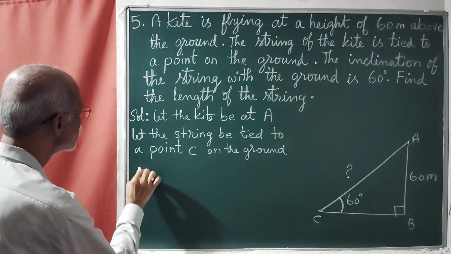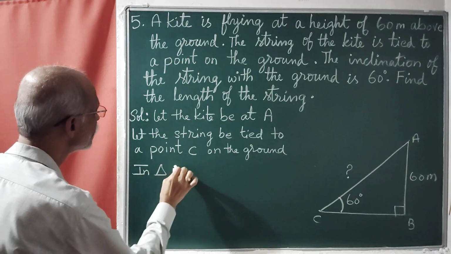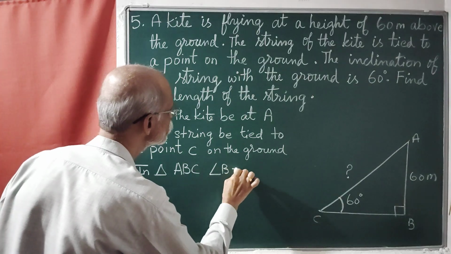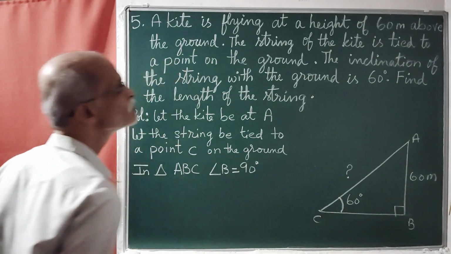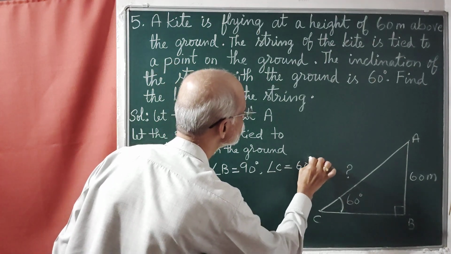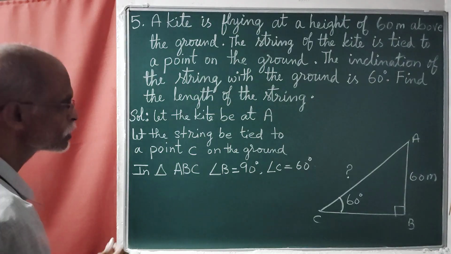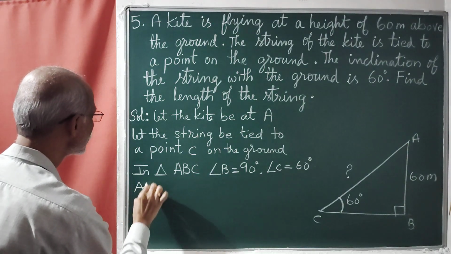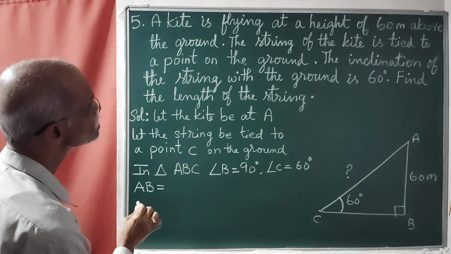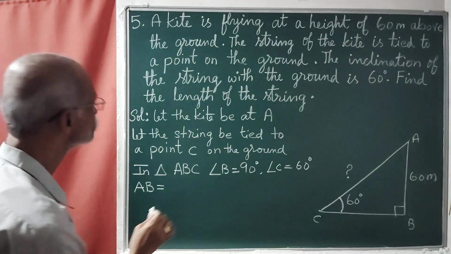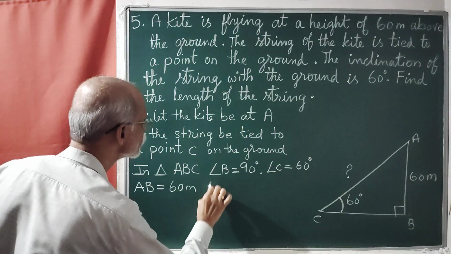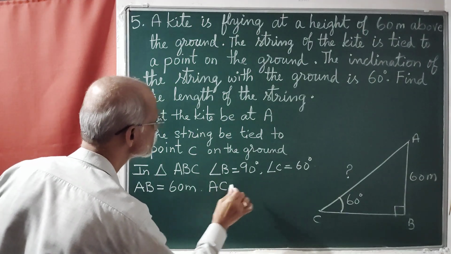Now in triangle ABC, angle B is equal to 90 degrees. Angle C is equal to 60 degrees. AB is equal to 60 meters. And now we need to find the length of the string, that is AC.